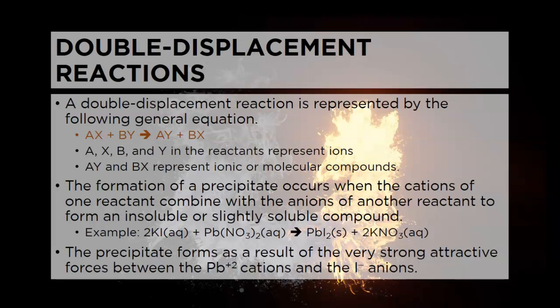Now you have AX plus BY becomes AY plus BX. The classic example I see a precipitate form is you get lead 2 iodide when you mix a solution of potassium iodide and lead 2 nitrate. And you'll see this in lab. You mix them together and you end up with a precipitate of lead 2 iodide and potassium nitrate.